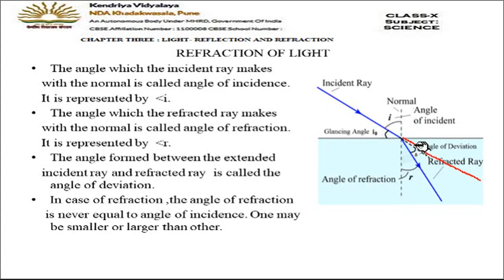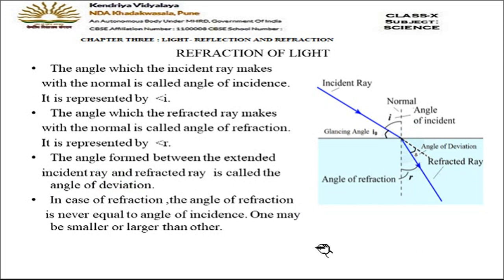The angle between this extended incident ray and the refracted ray is the angle of deviation. It means how much the light has bent, how much it has deviated from its original path. This angle is denoted by small letter d, or delta is also used.